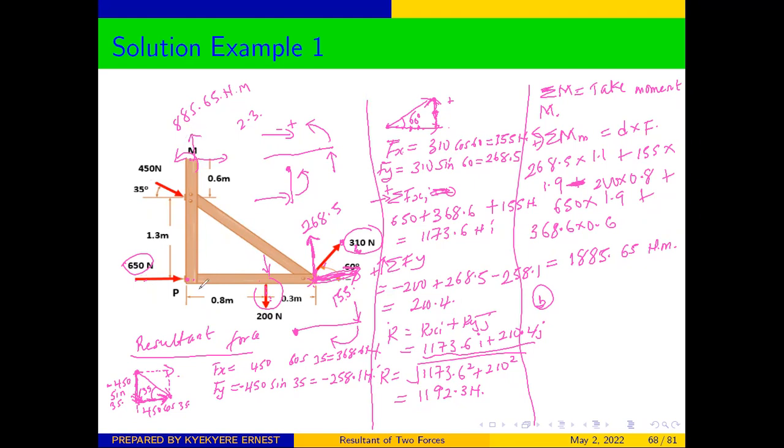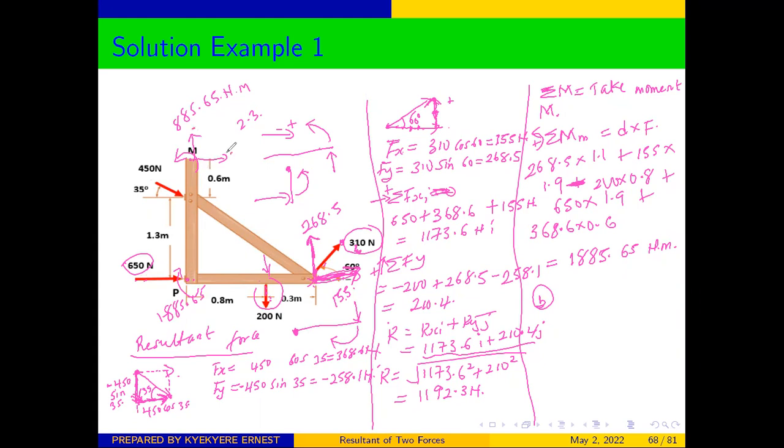So we can easily remove our moment from that point and bring it here as 1185.65. But we cannot remove the S component and the Y component of the force and bring them to this point.